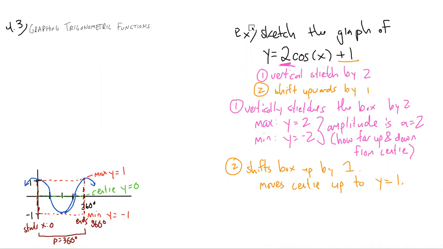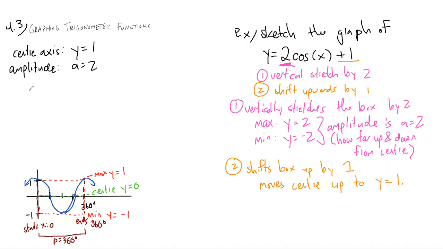So what I'm going to grab from this info here is that the center axis is going to be at y equals 1, and the amplitude is coming from the number out front, a equals 2, so that tells us go up and down 2 from the middle.